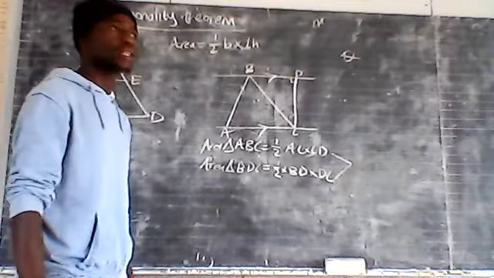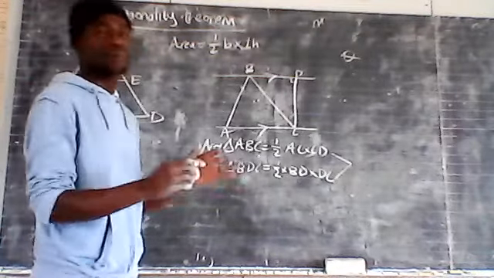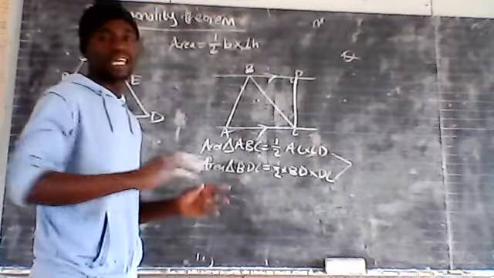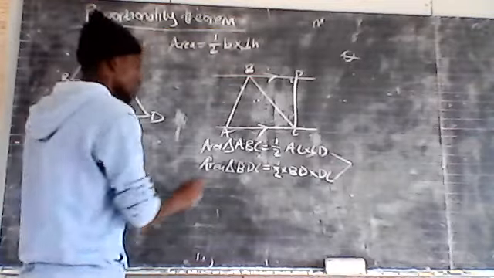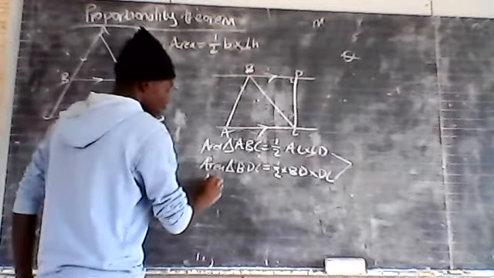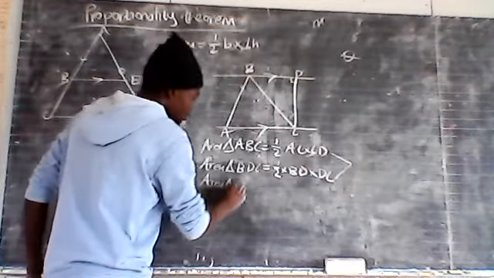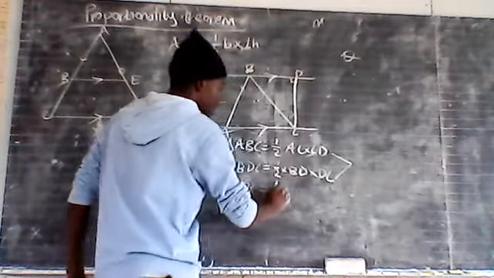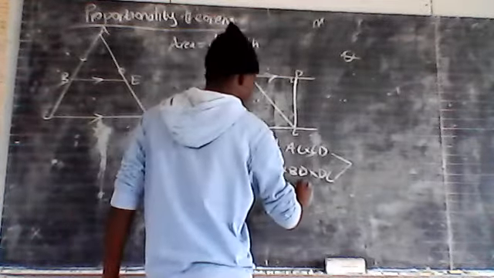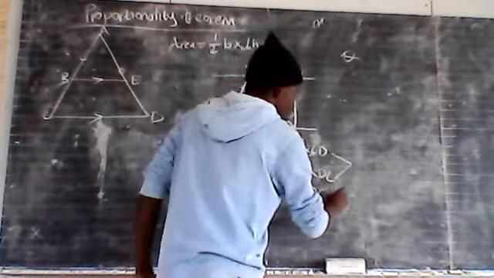So the thing we are going to need to learn about parallel lines in Grade 12 is that triangles between the same parallel lines have the same area, guys. So the area of triangle ABC is the same as the area of triangle BDC. Why, guys?